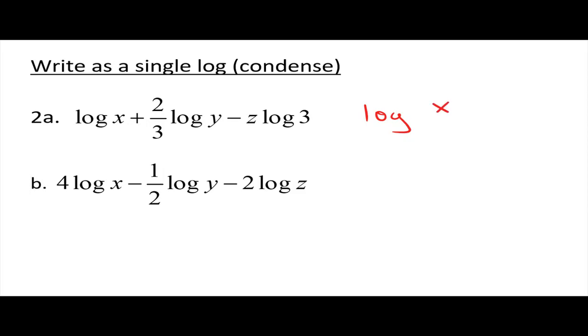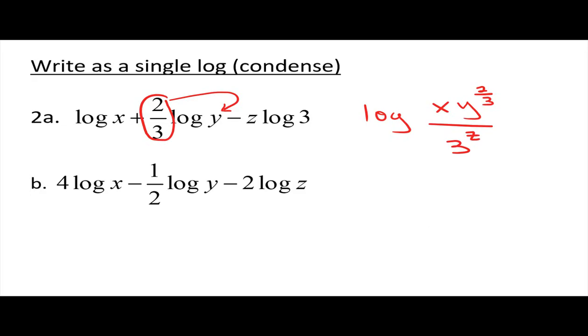I notice this log is positive, so remember this number in the front becomes the exponent of this guy. So we have x times y to the 2/3 power. And then this log is negative, so that means that z over here is going to become the exponent of the 3. So we have 3 to the z power in the denominator, because that log is negative.